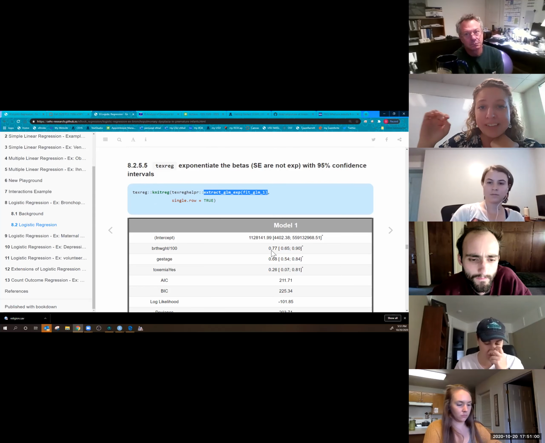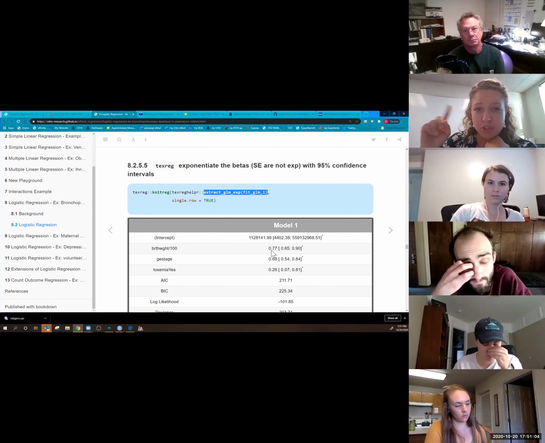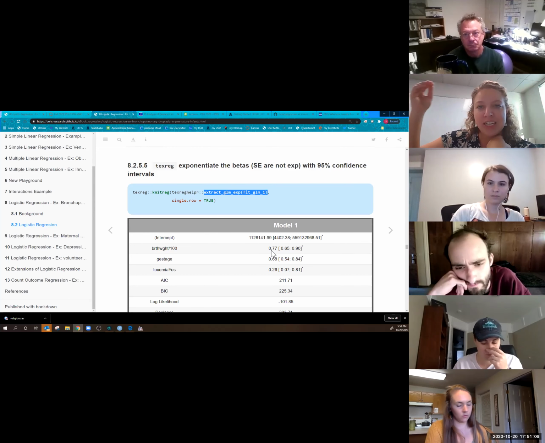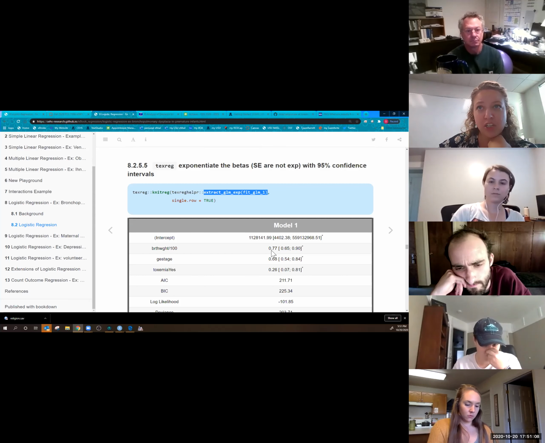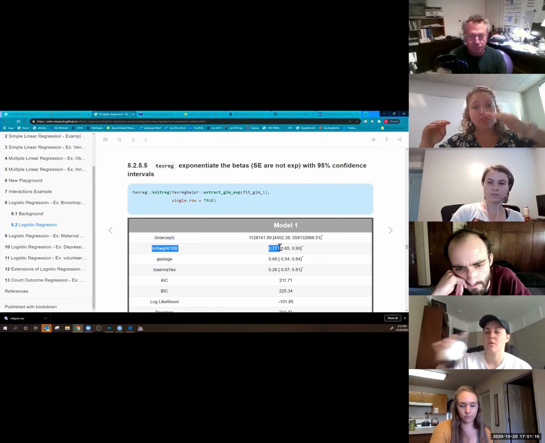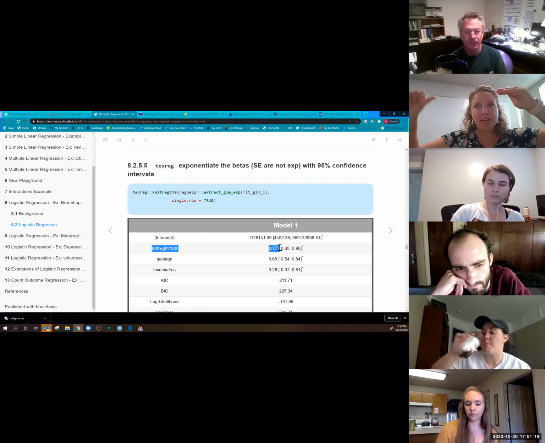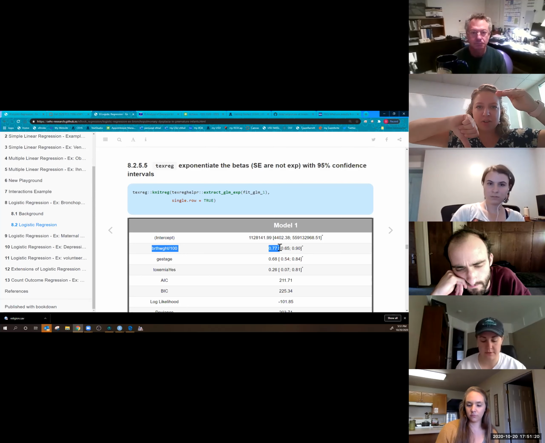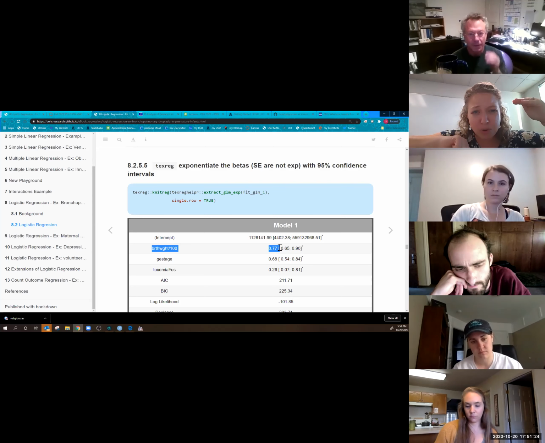And almost always, this is what we publish for logistic regression, is not the betas in their logit scale, but we exponentiate them to get them onto the odds ratio scale. So here we can see for birth weight, what's the exponentiated beta? 0.77. So every 100 grams heavier a baby is, the odds of that outcome goes down 23%. Where did I get 23?